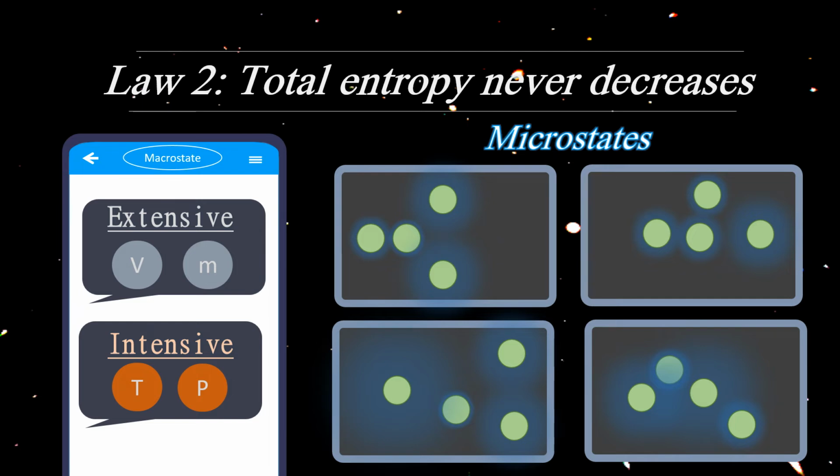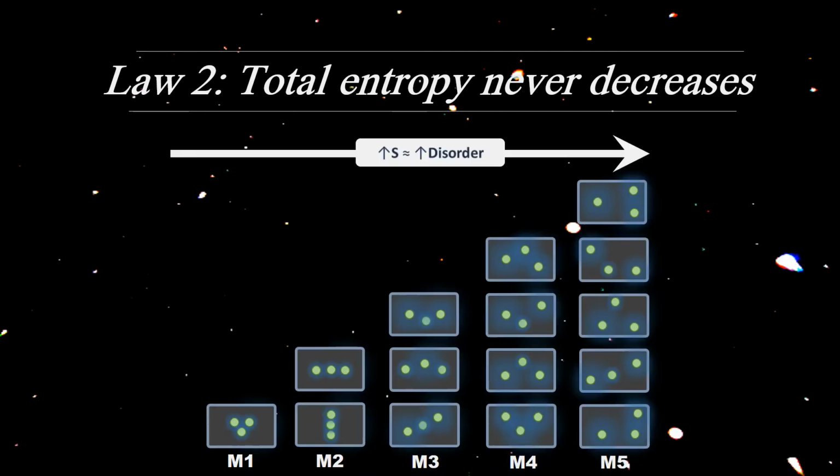So, statistically speaking, entropy is just the number of microstates associated with a macrostate. For that reason, we say that entropy may not decrease, because independently of which microstate we start, it is more likely to jump to a macrostate with more microstates associated than with one with a lower number.